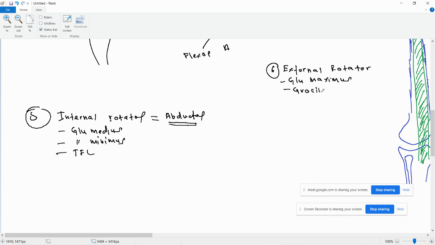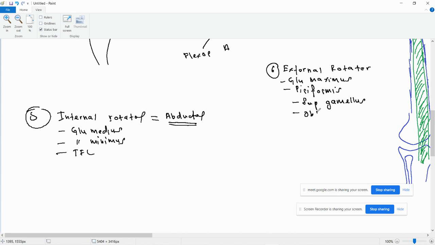Second, we have piriformis. Piriformis. Third, we have superior gemellus.